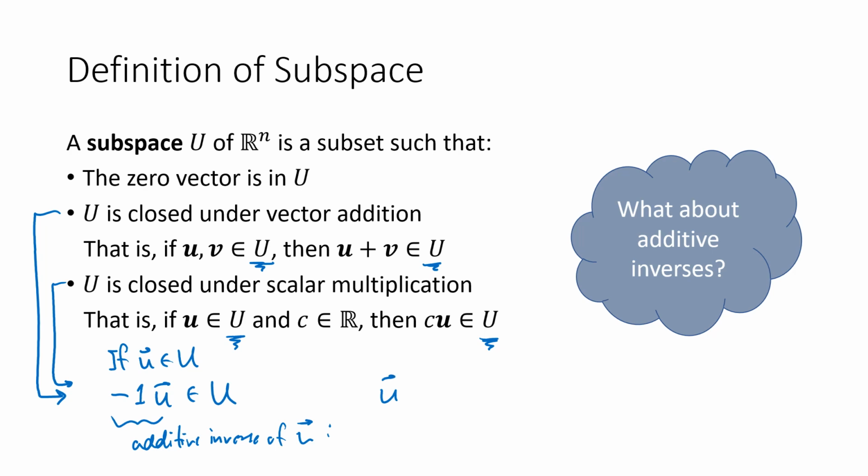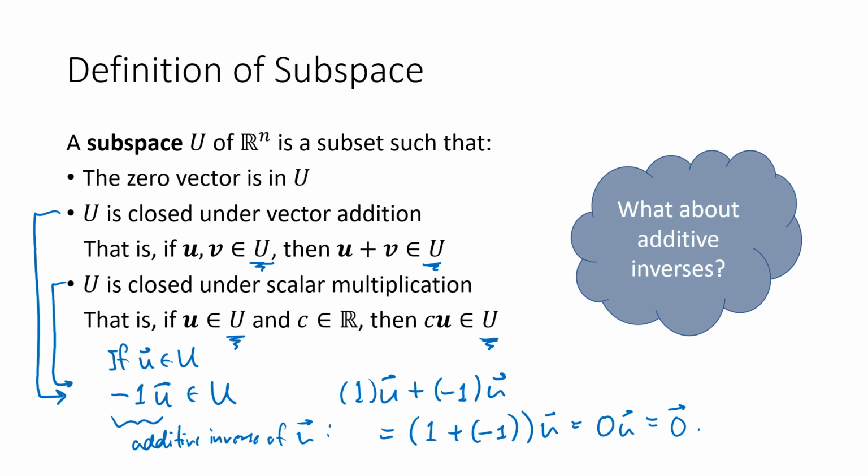Because if I take little u plus -1 times little u, well, 1 times u doesn't do anything, and then I can use distributivity to factor out u: 1 plus -1 times u, that's going to be 0 times u, that's going to be the zero vector. So we don't need to specifically check that additive inverses are in there.